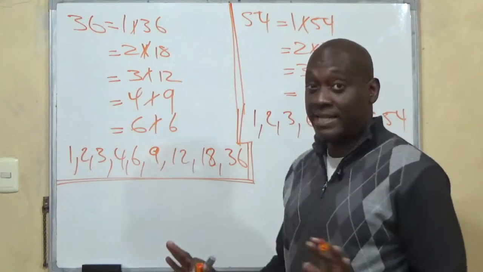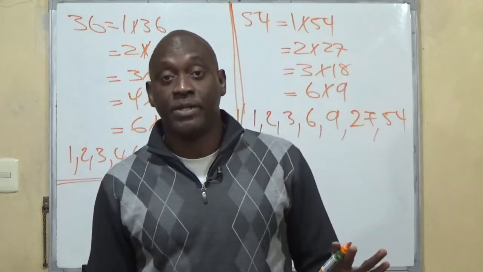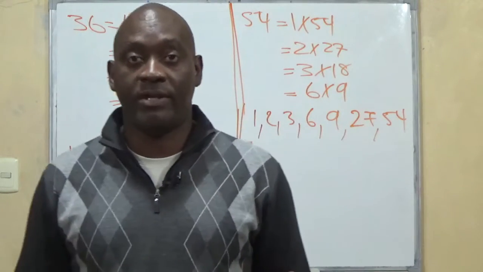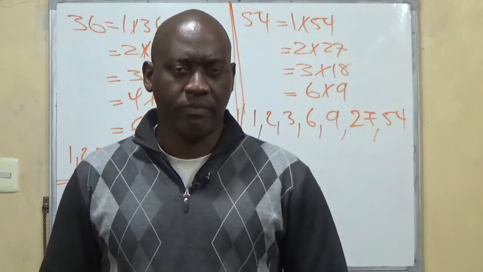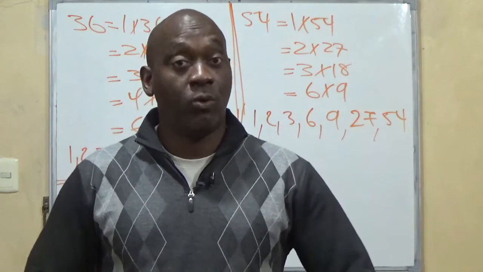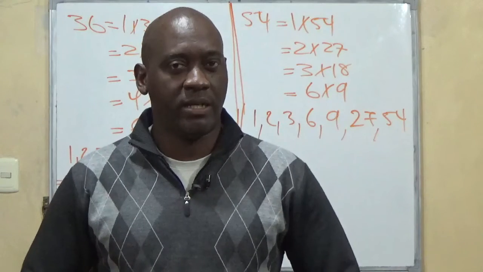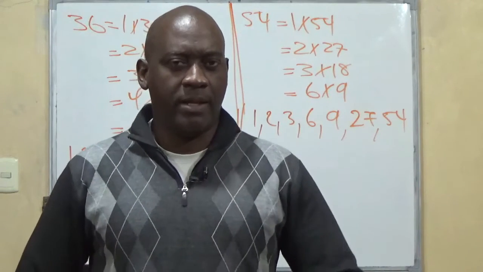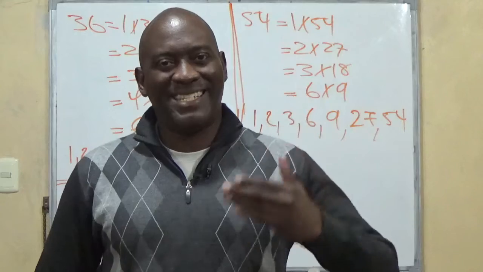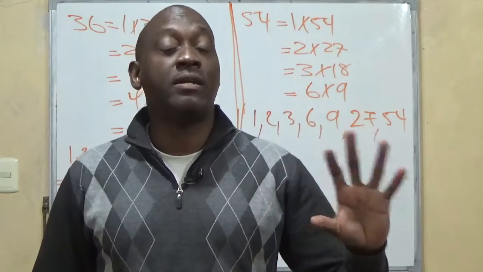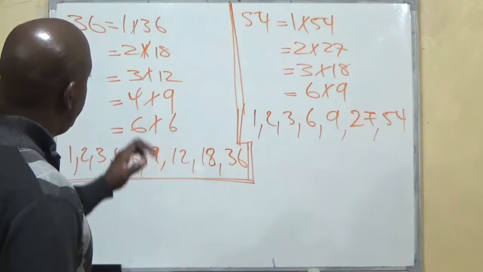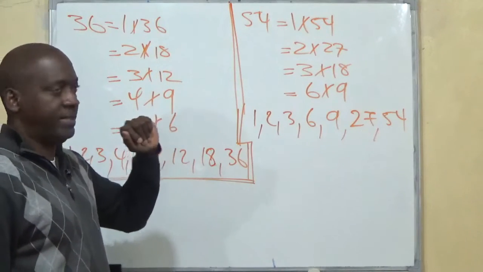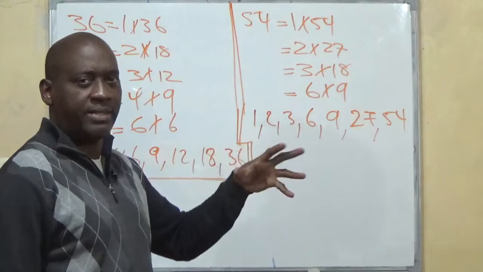That is a slightly different exercise, so I want you to pay very careful attention. Just to recap, we hope that you are already comfortable simply listing the factors of any number that has factors. We use 36 and 54 as our examples here. There are other examples we will use as well.